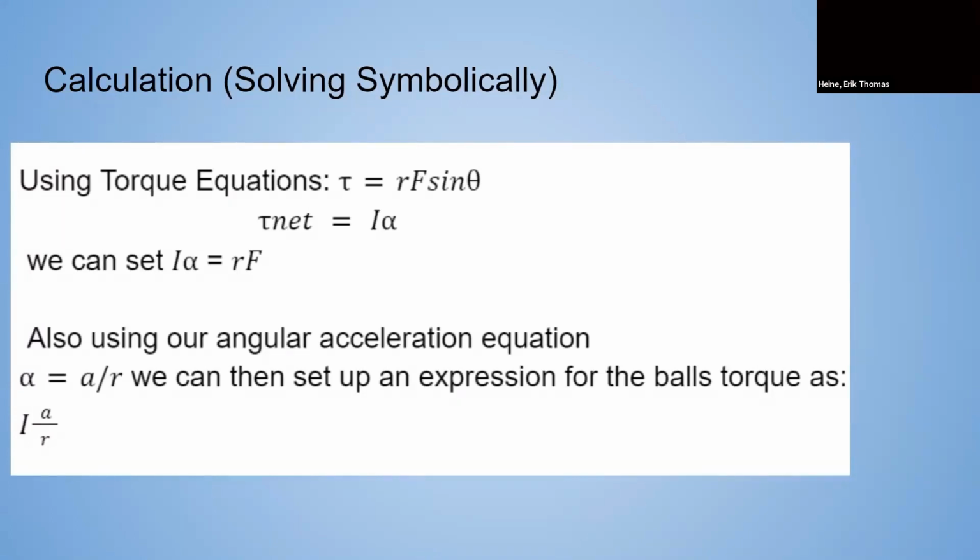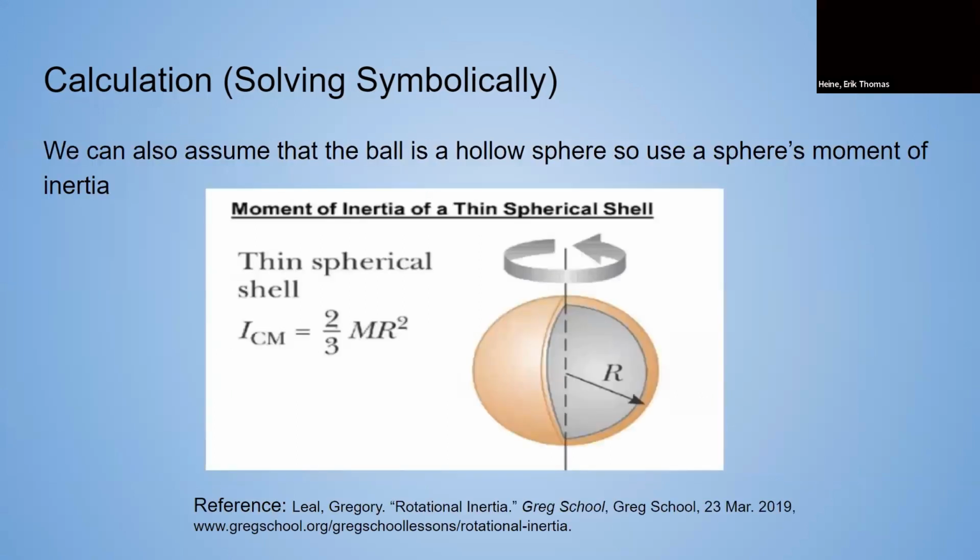Keep in mind that angular acceleration would be centripetal acceleration over R. So we can sub this in and set this as an expression for the ball's torque as well. We also know, for later use, that the ball's moment of inertia is going to be 2/3 mr squared. This is the moment of inertia from the table for a hollow sphere, which is what we have in the problem.